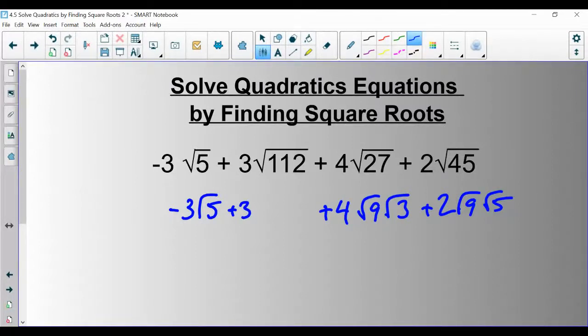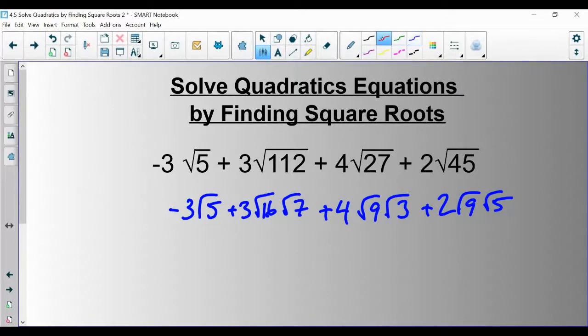It doesn't work. So 112 divided by 36, no, doesn't work. 112 divided by 25 obviously doesn't work. What about 16? 16 did work. When I divided by 16, I got 7. So this is going to break up as root 16, root 7.